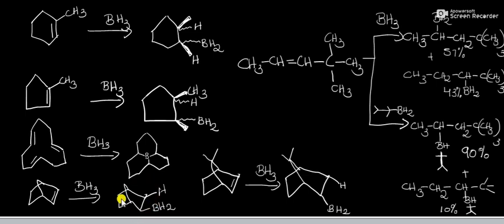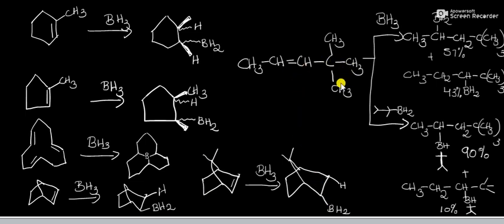This is the exo product. Whereas if BH3 adds to this olefin, the steric hindrance is present in this area, so the endo product will be the major product.